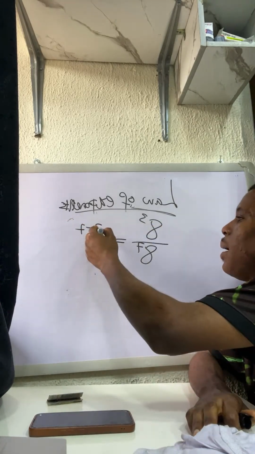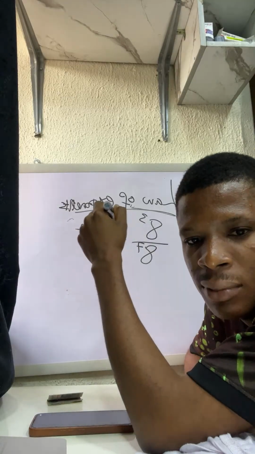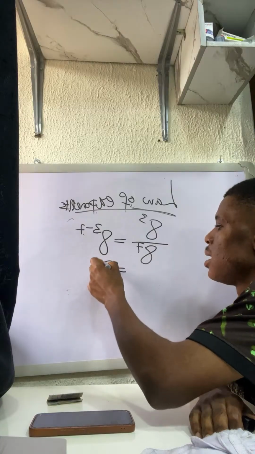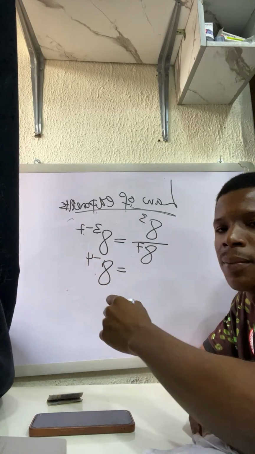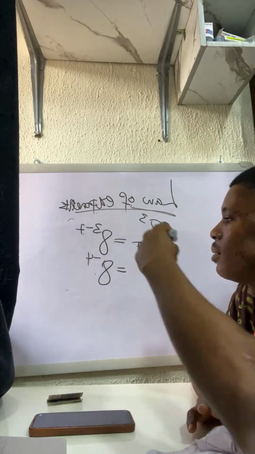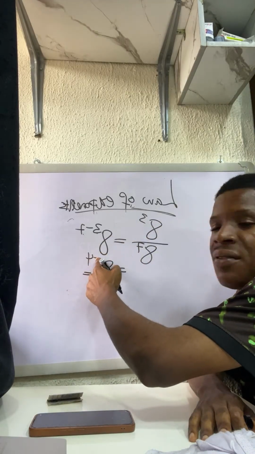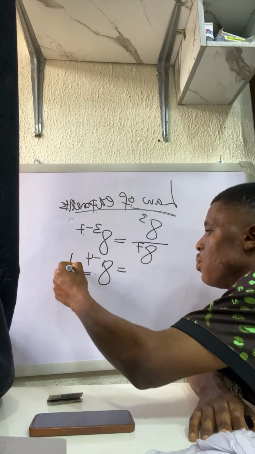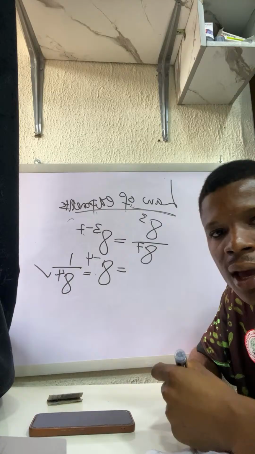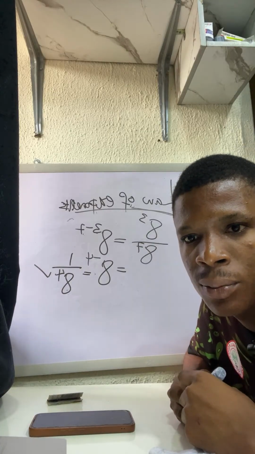So if you subtract their powers, 3 minus 7 is minus 4. The answer becomes 8 to the power of minus 4. If you want to tell the examiner you are good at maths, when you have a negative exponent, that's 1 over 8 to the power of 4.